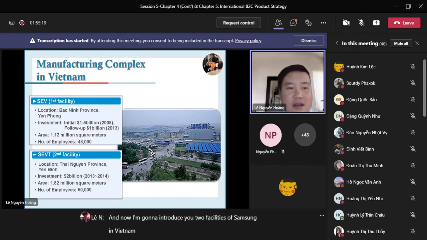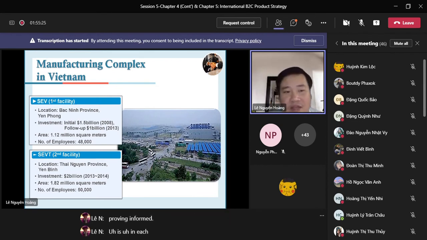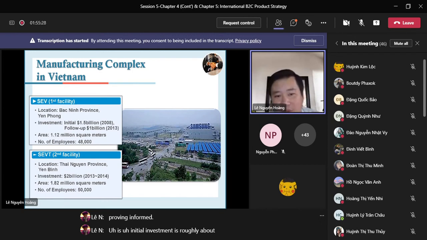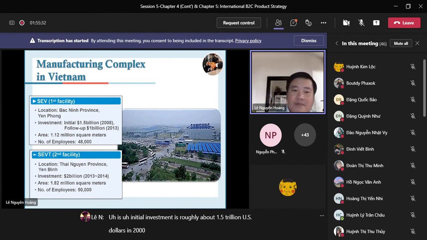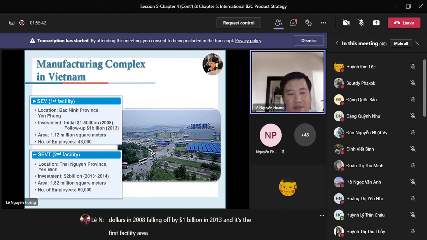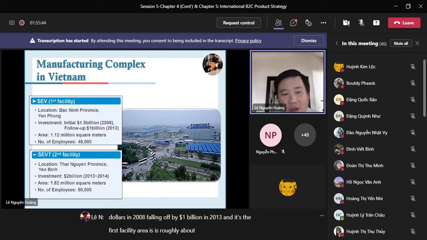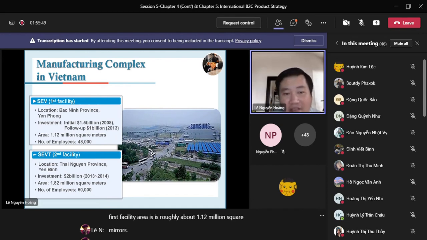And now I'm going to introduce to you 2 facilities of Samsung in Vietnam. The first one is located in Bắc Ninh province, Yên Phong. Its initial investment was roughly about 1.5 billion US dollars in 2008, followed by 1 billion dollars in 2013. The facility area is roughly about 1.12 million square meters with 40,000 employees.